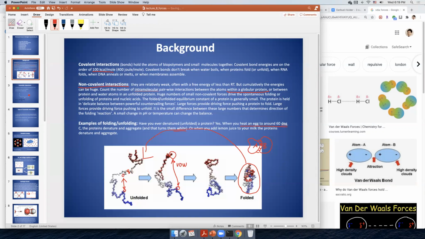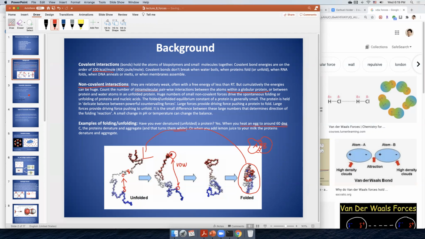between any two atoms. If they're very far, then this force is almost zero, but they are attractive. Because they're very far, the attractive force is very small, like zero.